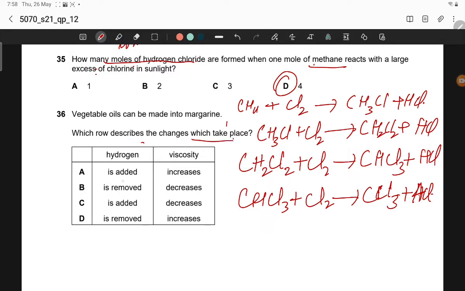Hydrogen is added, viscosity is increased. Yes, because vegetable oil is converted into margarine. This is solid and this is liquid. When hydrogen is added, viscosity is increased. So A option is correct.